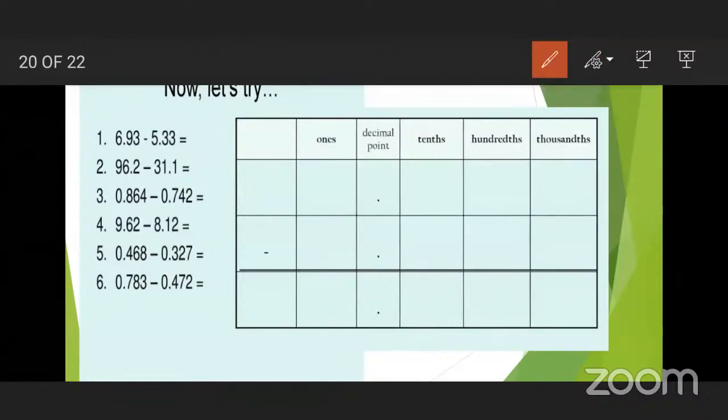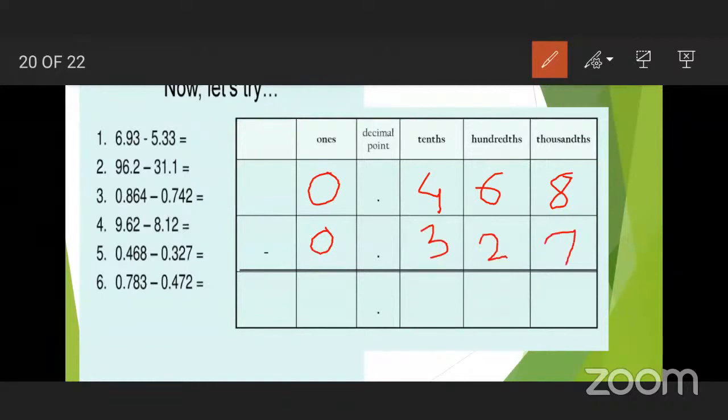Now read the fifth one. 0.468 minus 0.327.